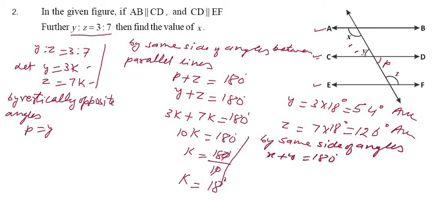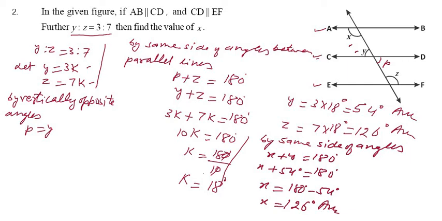Put the value of y as 54. So x plus 54 is equal to 180 degrees. So x will be equal to 180 minus 54. Subtract this. 10 minus 4 is 6, and 7 minus 5 is 2, so it is 126 degrees. So that one is your answer.